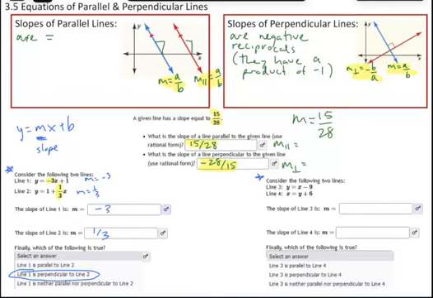In the second example here, the first equation is given in slope-intercept form. So what is the slope of line 3? An unwritten 1. Okay, but the second one is not. So in the second one, what you need to do is solve for y. If we take this equation, subtract 6 from both sides, leave y where it is, this is now in slope-intercept form: y is equal to x minus 6.